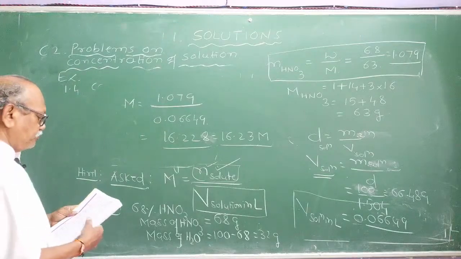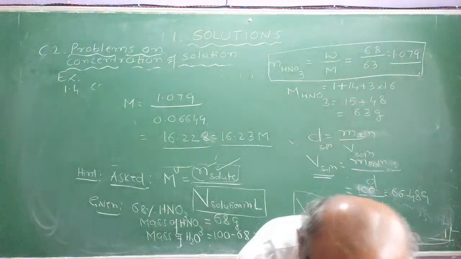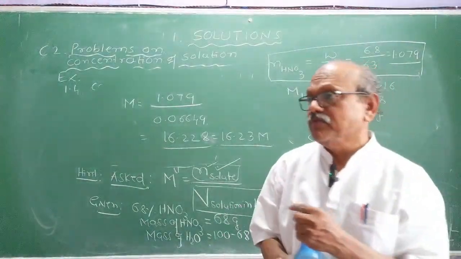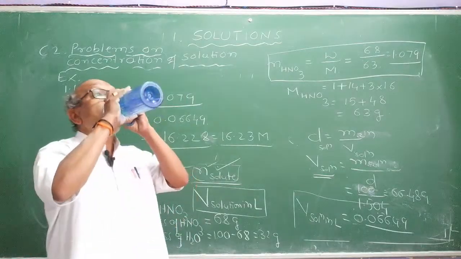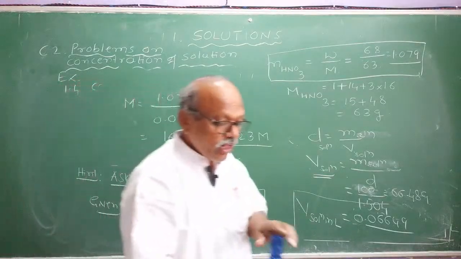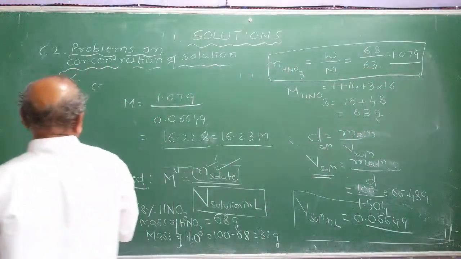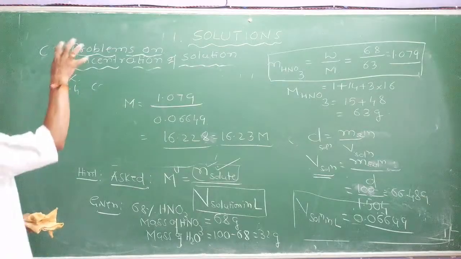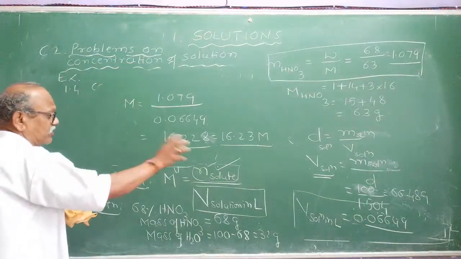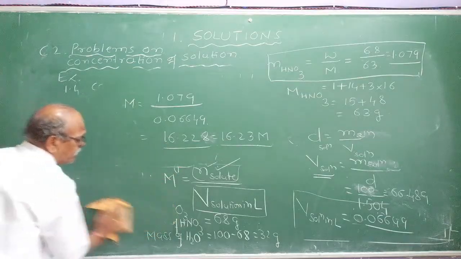Next problem. There are 3 or 4 more problems. I will solve as many problems as are possible today. Remaining you try. Otherwise you ask me doubts. Next period we will continue with the solubility. Theory part of it is very easy. According to me, in this chapter, the difficult area is these conversions and numericals on it, this first part.